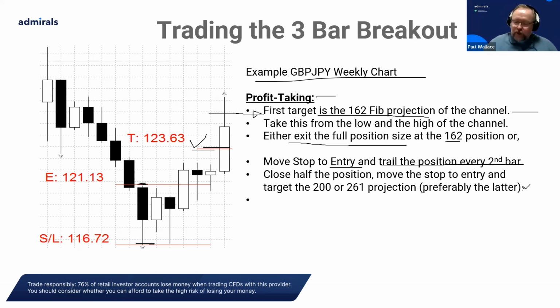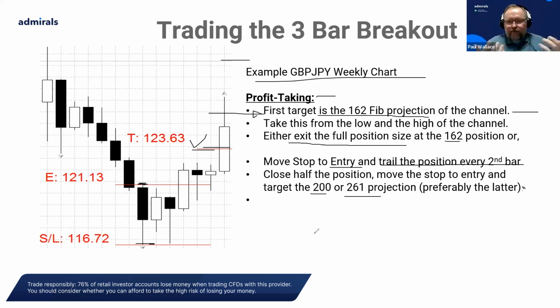At that point you close half of your position and move the other half to your entry, and then target either the 200 or, even more preferably, the 261 extension, which is more likely to be up here. That allows you to have a better reward to risk on your overall trade setup. So I've provided a few different alternatives there, right?